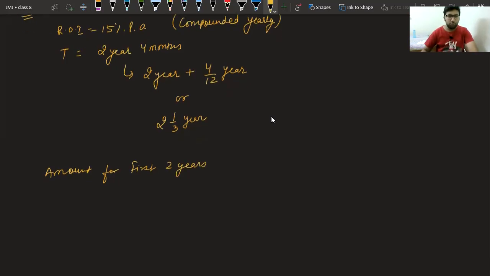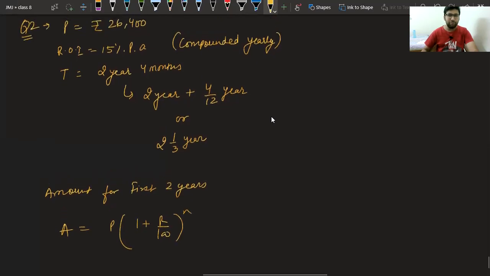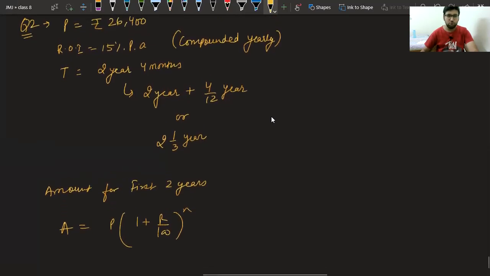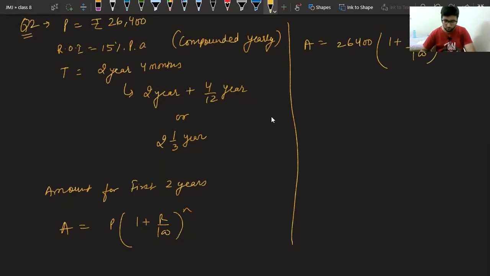Now put in the formula: amount is equal to principal into 1 plus r upon 100, whole power n. In this case n will be 2 only. Put the values. We will get amount is equal to 26,400 into 1 plus 15 upon 100, whole power 2.